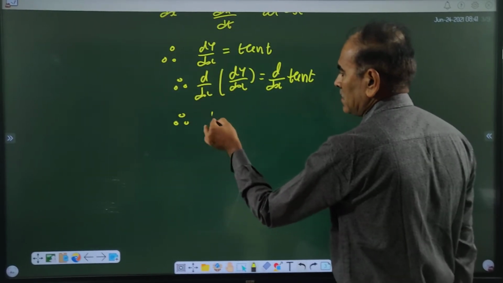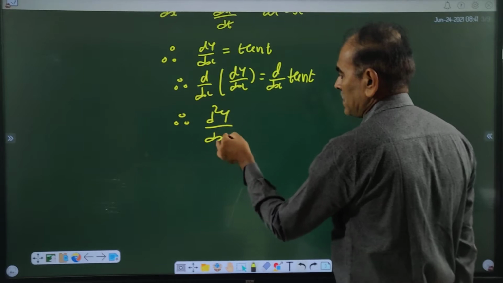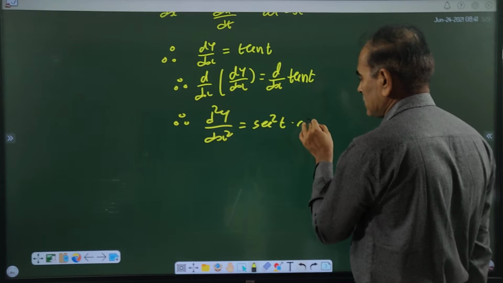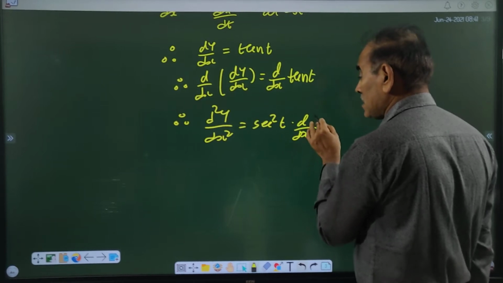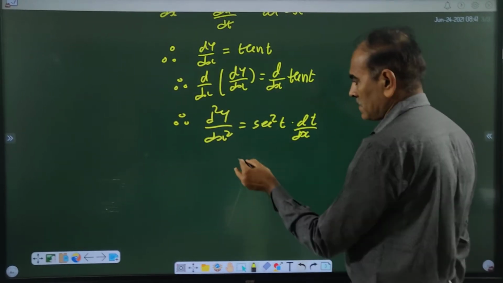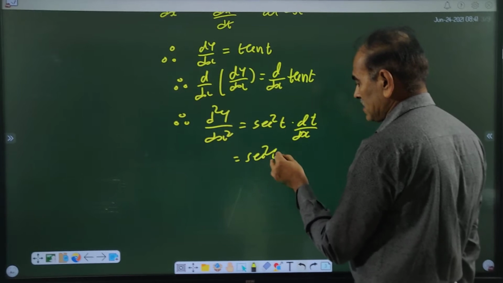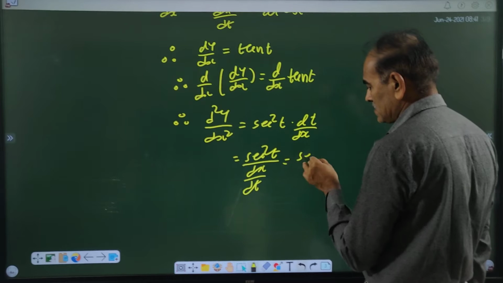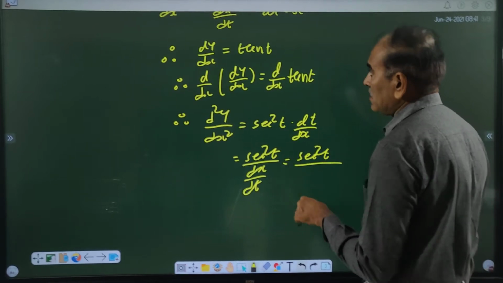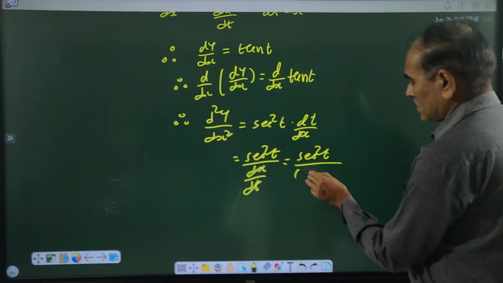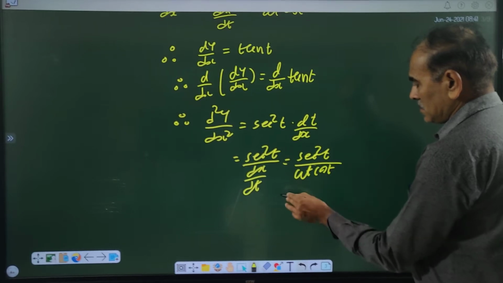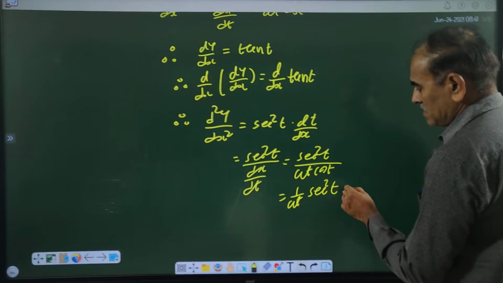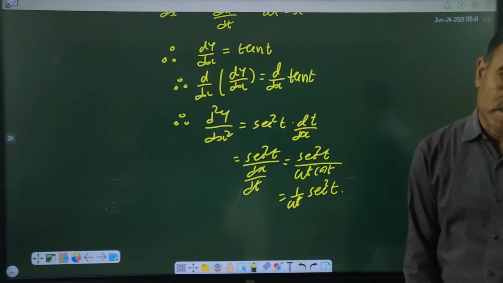So what we get here? d2y by dx square is sec square t, d by dx of t. So can I write sec square t over dx by dt? Yes. Sec square t. What is dx by dt? That we know, a t cos t. So what we get? 1 by a t cos cubed t. This is the second derivative.